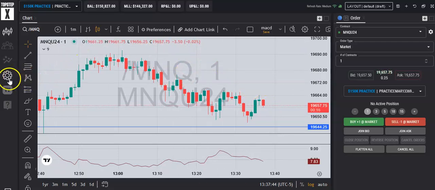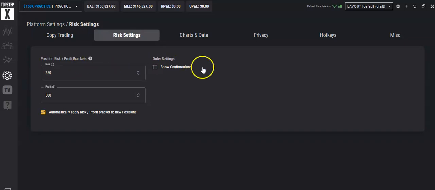First of all, in the TopStep system, they don't have what Ninja Trader calls an ATM strategy, an automated trading strategy. What they do have is risk settings, and it's called a bracket order.